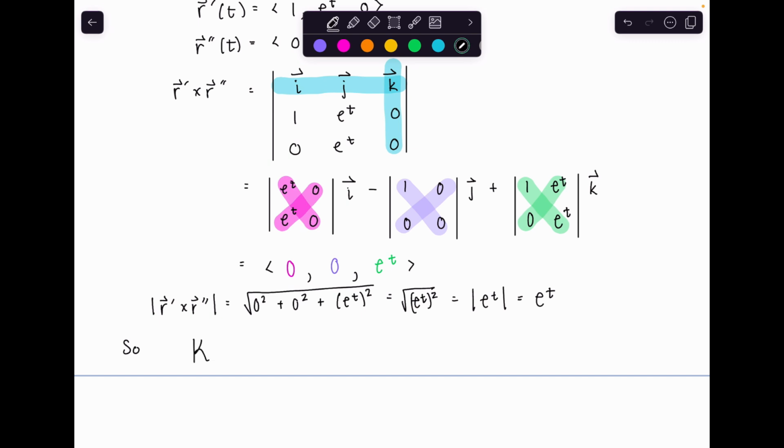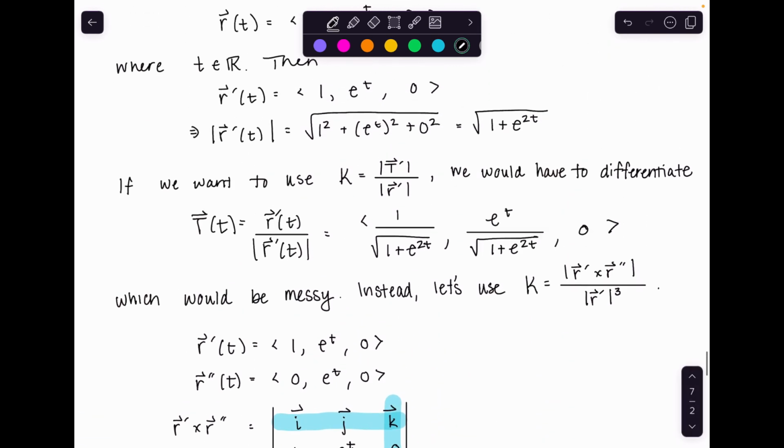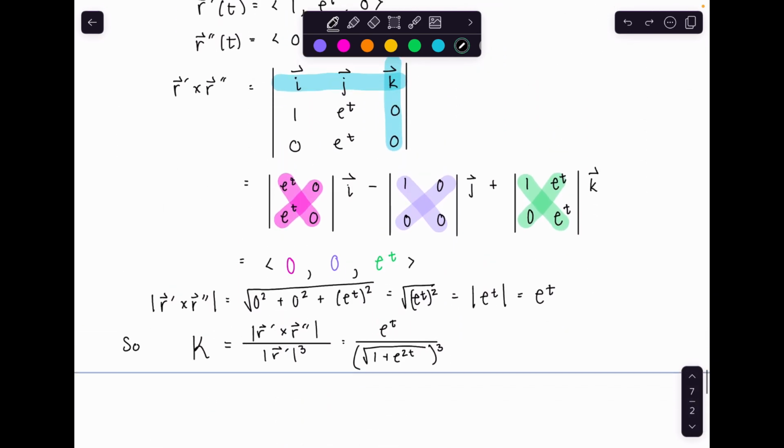Our curvature kappa is the magnitude of r prime cross r double prime over the magnitude of r prime to the third. So the top is e to the t, and the bottom is the square root of 1 plus e to the 2t to the third. Okay, go back up there just so you can see it. It is square root of 1 plus e to the 2t.